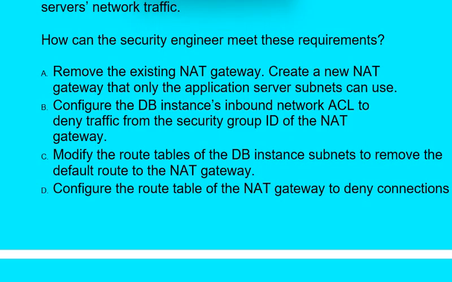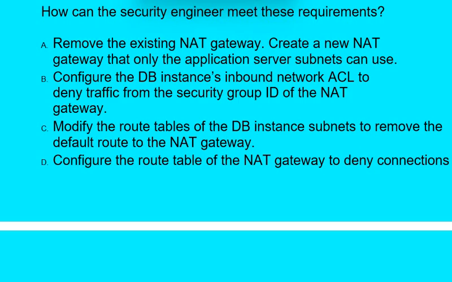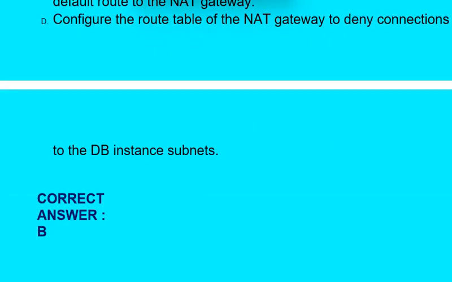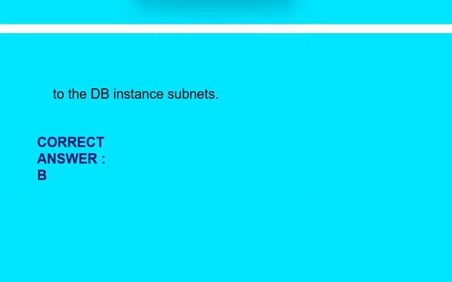Option C. Modify the route tables of the DB instance subnets to remove the default route to the NAT gateway. Option D. Configure the route table of the NAT gateway to deny connections to the DB instance subnets. Correct answer is option B.